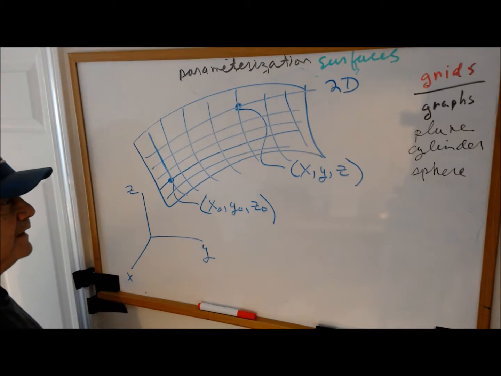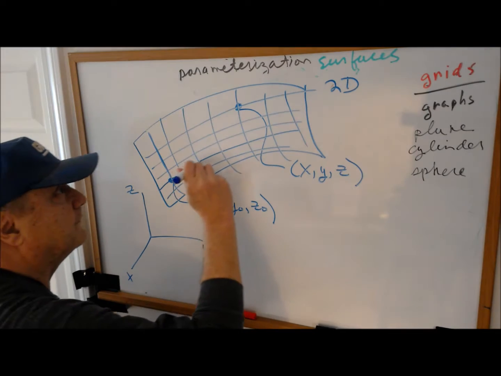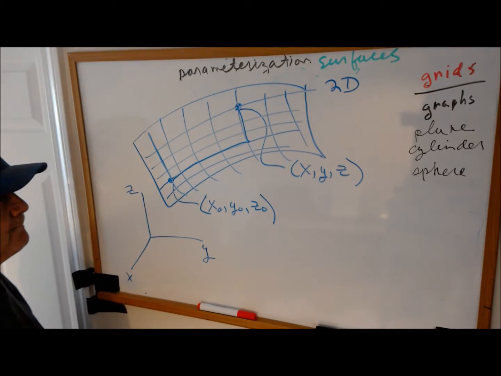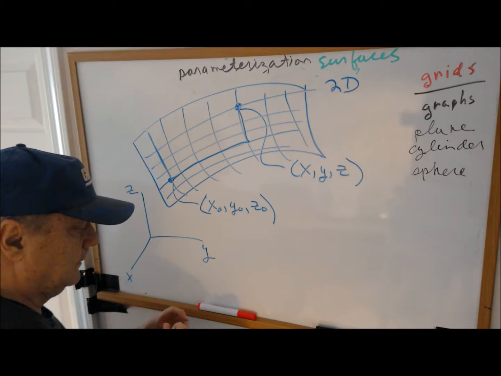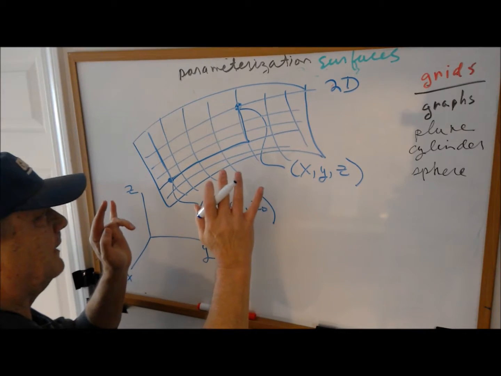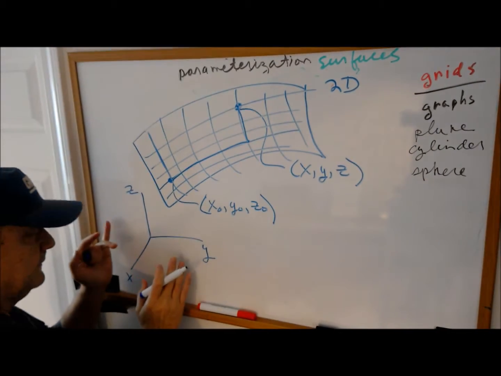So now you can see that to get from here to here, it's so many of one of those grid lines and then so many of the other. And that's why we call it two-dimensional.